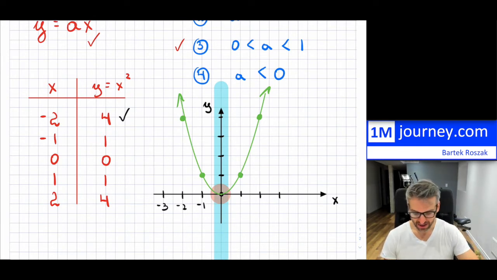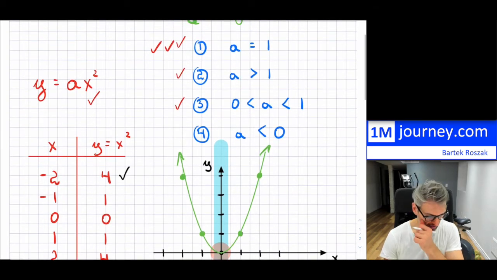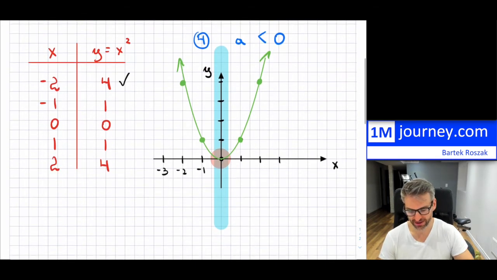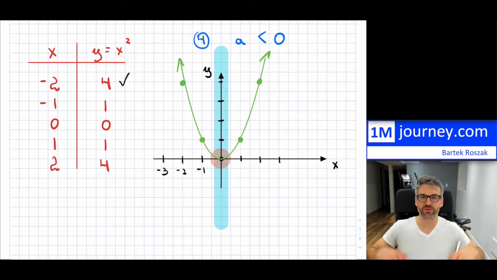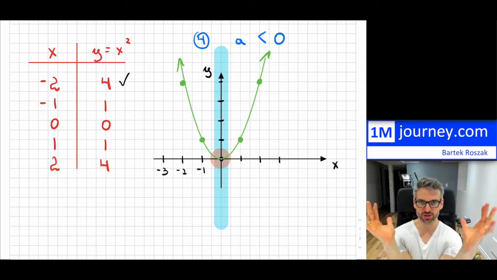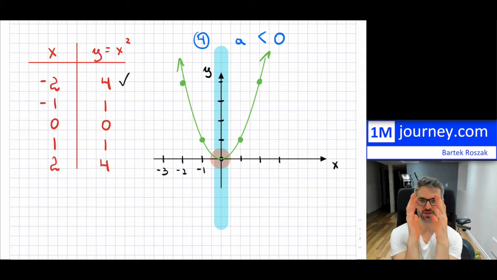Now, what happens if we start playing with this, and let's say we start making our a greater than 1? So we start adjusting it. What would happen to this parabola? What would you think would happen? Is it going to open up more, or is it going to get compressed more? Is it going to stretch or compress as a gets bigger than 1?